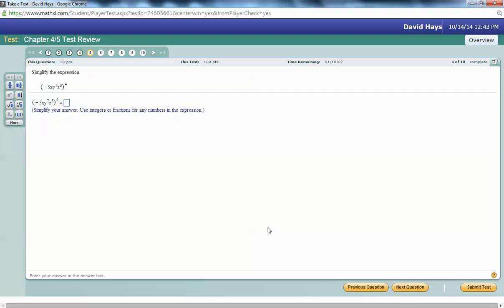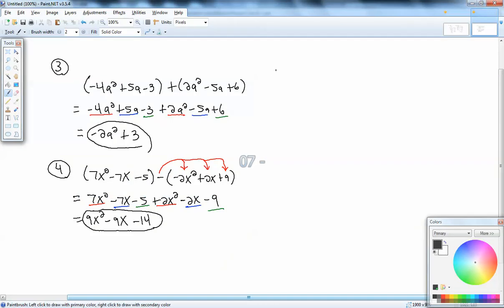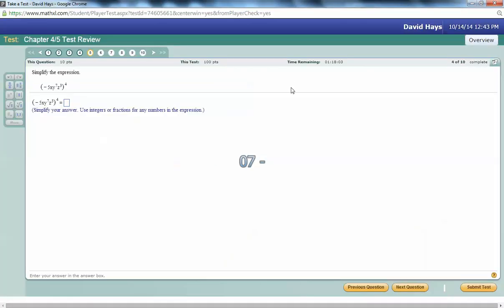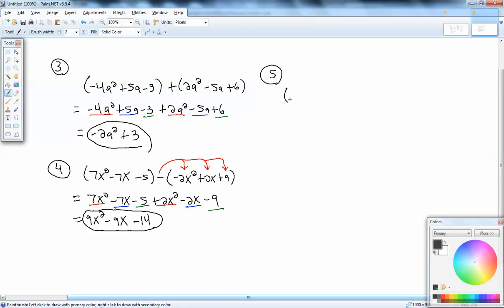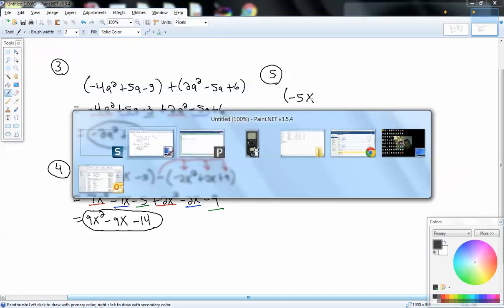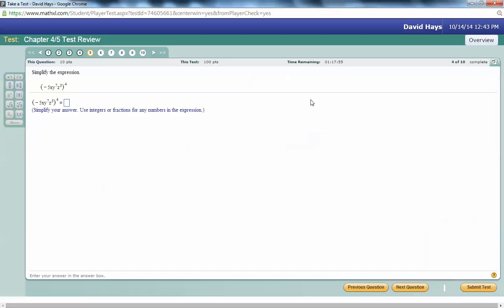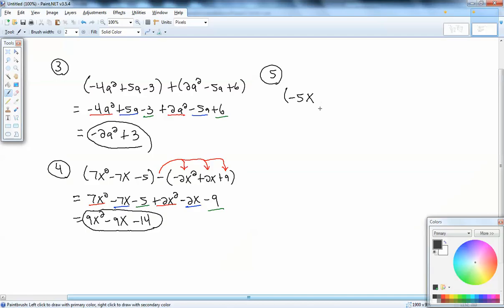And want to simplify this one. So we got negative 5x y to the 7th z to the 3rd, raised to the 4th power.